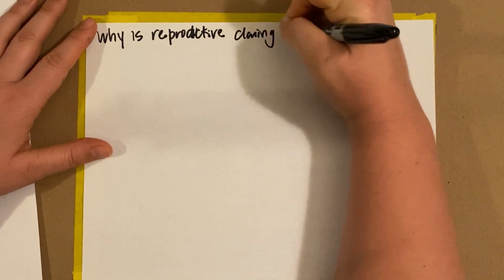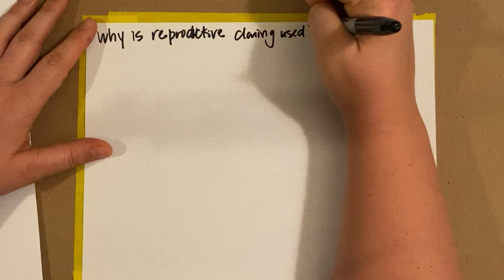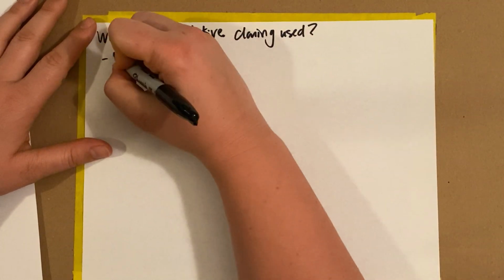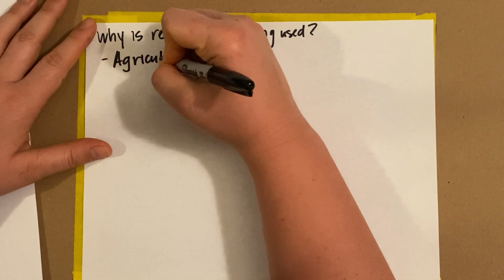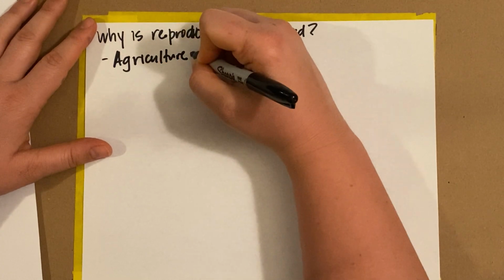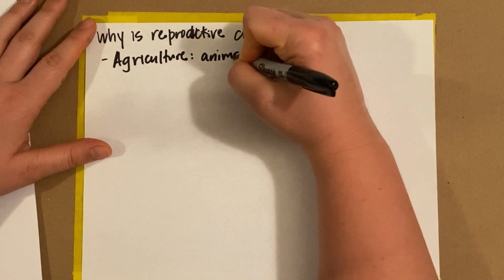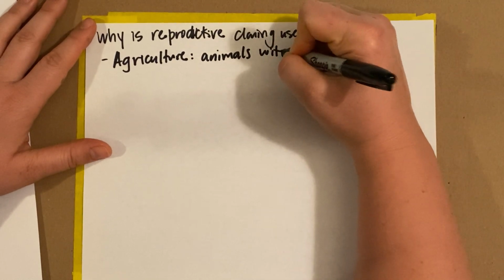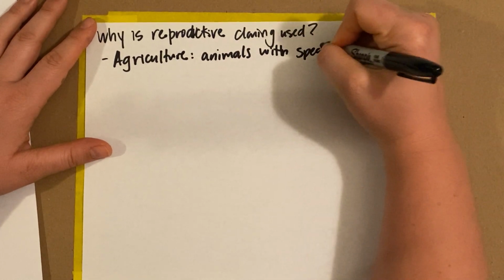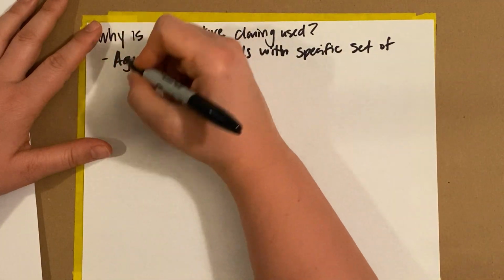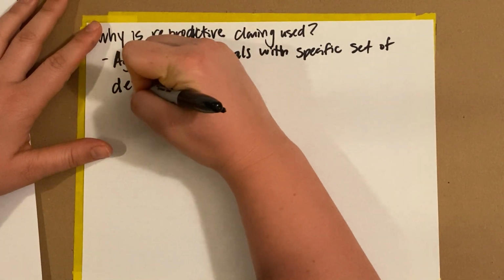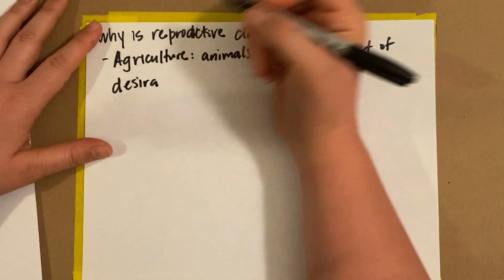Cloning used. Okay. So first, in agriculture, this is used. So if there are animals with a specific set of desirable traits that they really want to have, then they can do this.